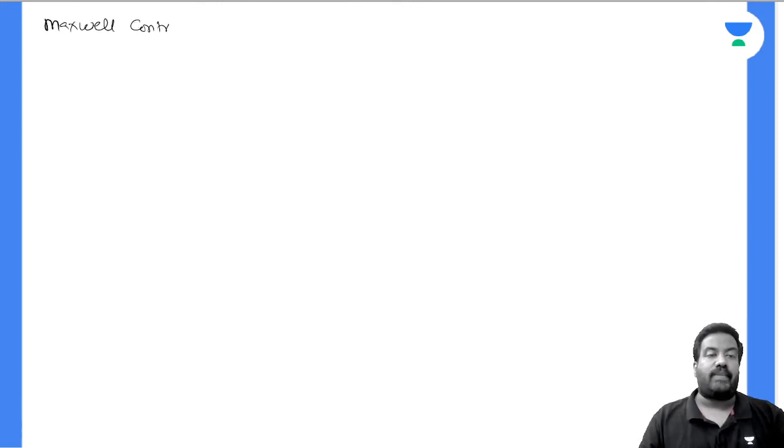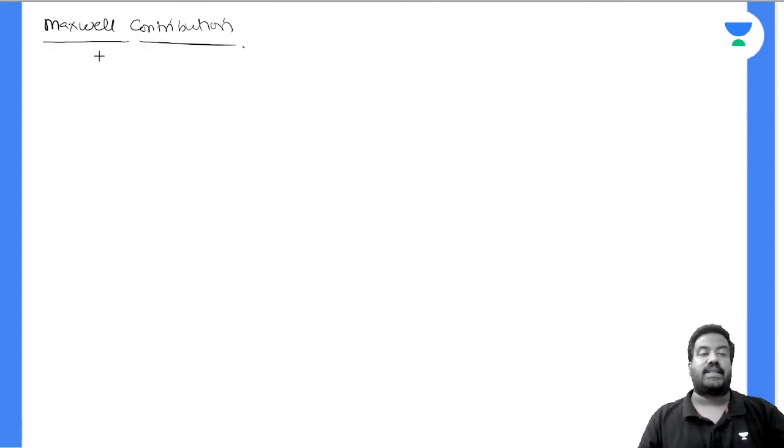Now, let us see Maxwell contribution. What is Maxwell contribution? What is the inconsistency of Ampere's law? As we want to prove the inconsistency of Ampere's law, I am considering Ampere's law.